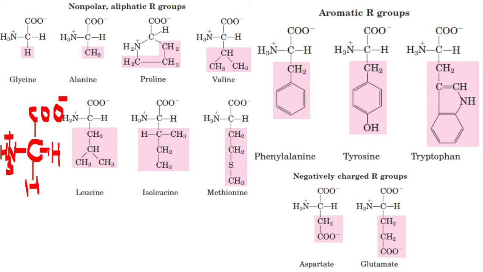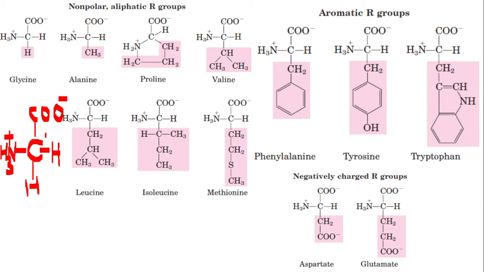As you watch this video, you should take a notebook and your pen and you should draw the structure of these different amino acids. Okay, suppose you want to draw the figure of alanine. This is alanine. What's the R group of alanine? It is a methyl group, CH3. So here, if you make it a methyl group, CH3, then this will become alanine.